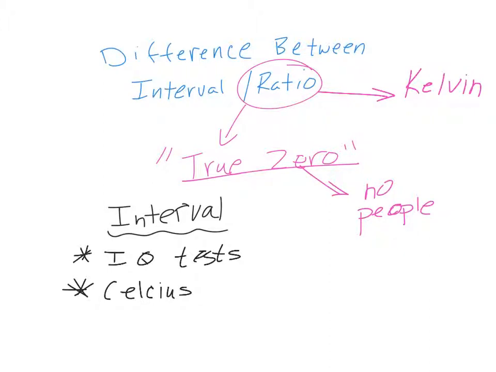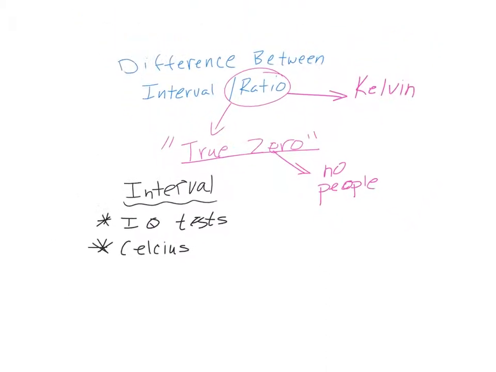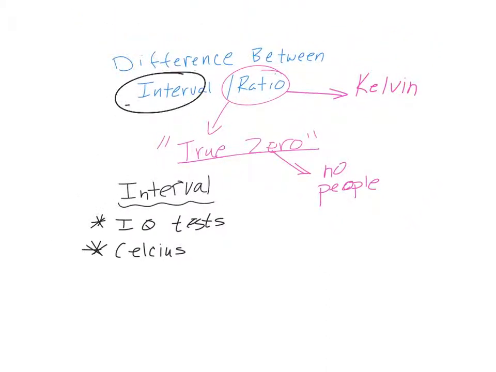In science, kelvins does have a true zero. 0 degrees Kelvin is literally the absence of any temperature. So in that case, you do have a ratio version of temperature. So don't ever think, oh, it's temperature, it's automatically going to be interval, because that's not true. Another example of interval might be when you take your SATs, when they say, hey, you get 20 points just for writing your name on there.